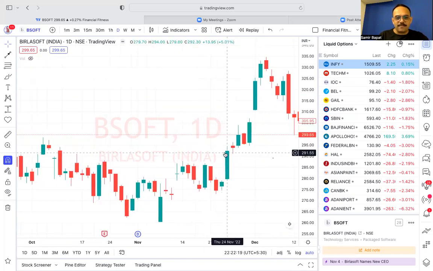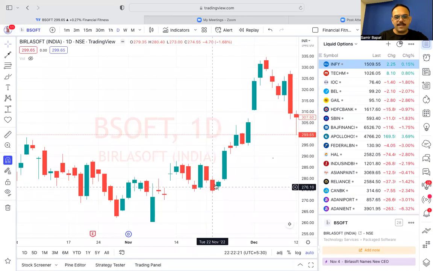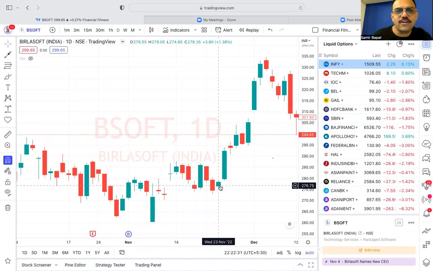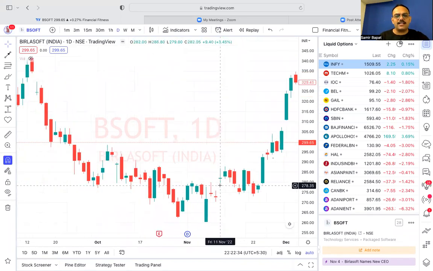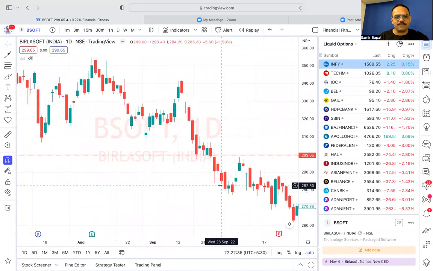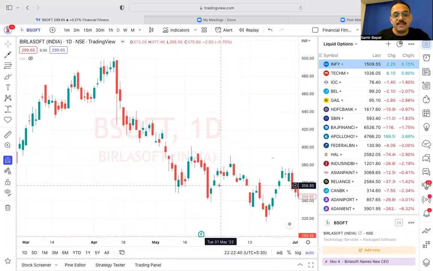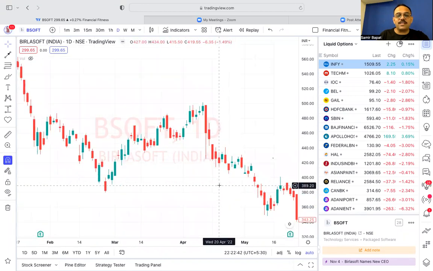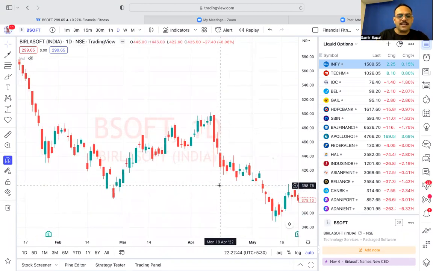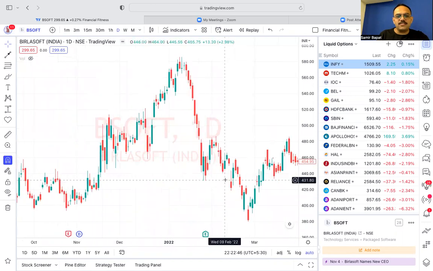So it looks like a pregnant lady, right? You have a big candle and a small candle, so it looks like the lady is pregnant. So they call it Harami in Japanese. In Hindi, it's not a very good word, but we cannot help it. We have to understand the Japanese word only. Some people say it's not a very good word, but in Japanese the meaning is good that way, right?